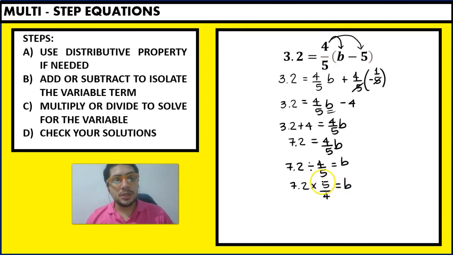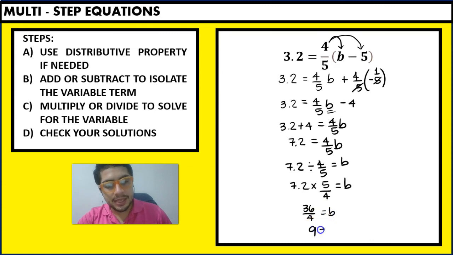So whenever we have a fraction and we are actually dividing by a fraction, that is the same thing as multiplying by the inverse of that fraction, right? So 7.2 times 5, that is going to be 36 divided by 4. And that means that the answer is going to be b equals 9.